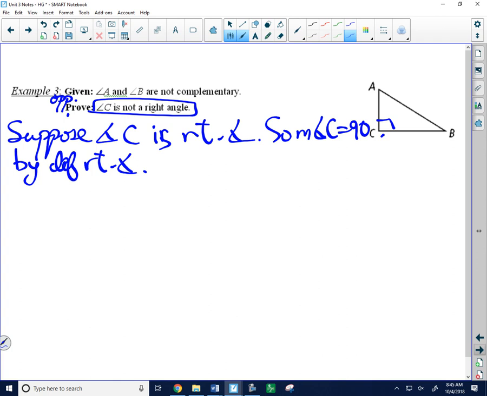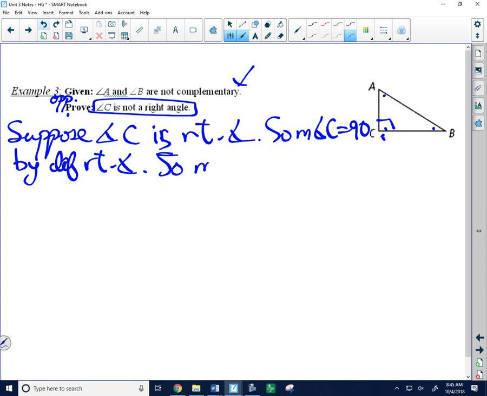On this one, you got to think, well, I'm trying to get the opposite of this. I want A and B to be complementary. Well, C is 90. The whole triangle is 180, right? So I can say the sum of the angles. Let's write it as an equation actually.